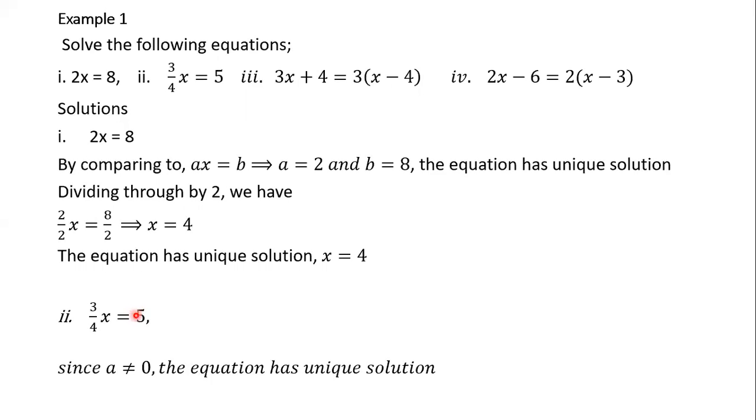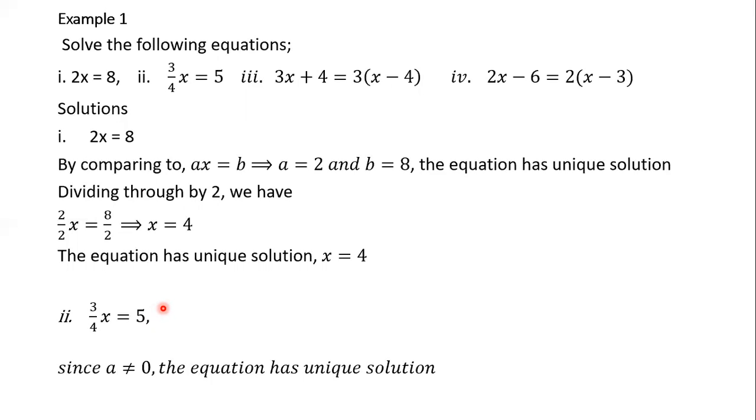I know every whole number can be written as that number over 1. So here you can see that it is also 5 over 1. So we have the denominator also being 1. So therefore we have 4 and 1. And the LCM of 4 and 1 is 4. So to get rid of this fraction, we have to multiply by the LCM, which is 4. So multiply 3 over 4 by 4, and the 5 also by 4.